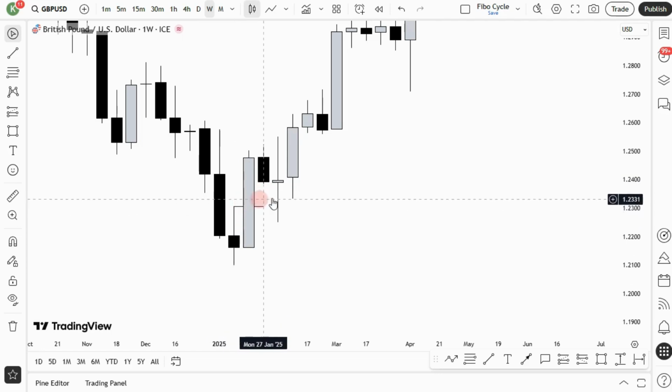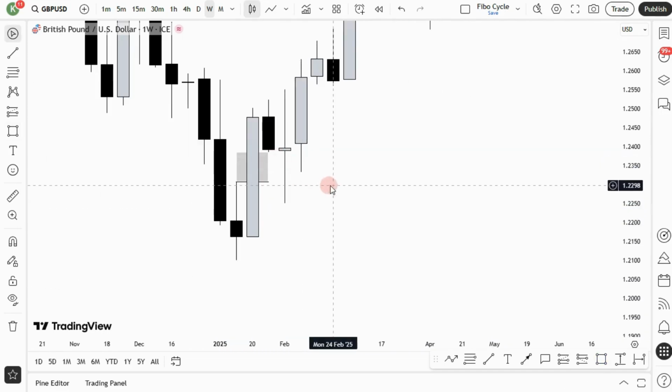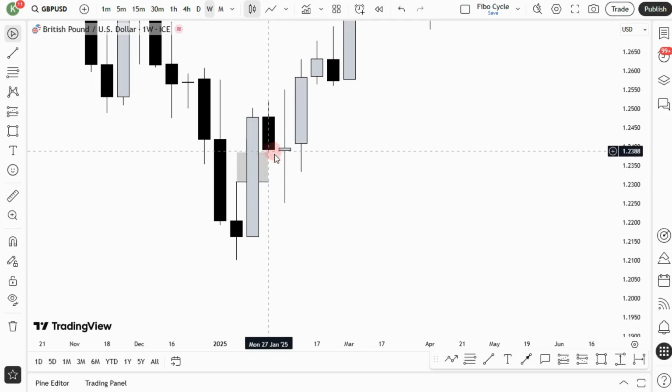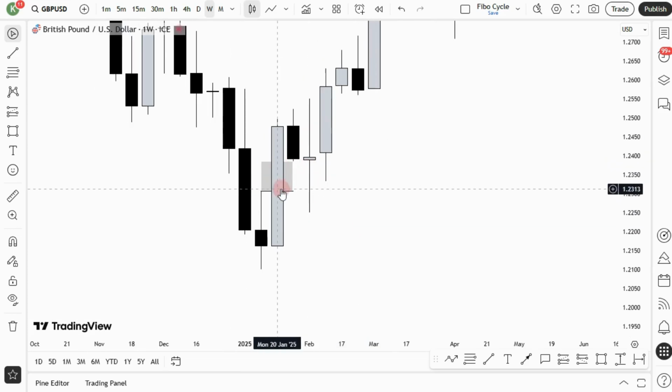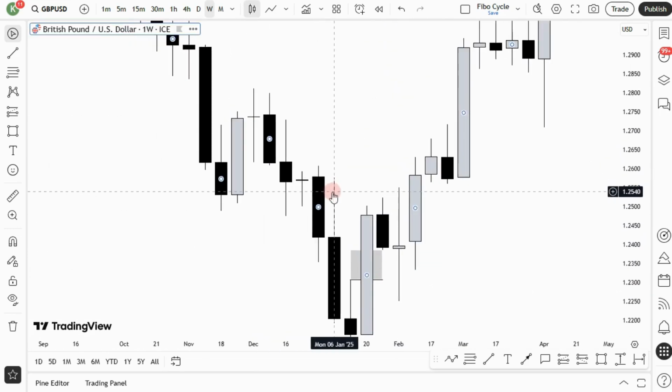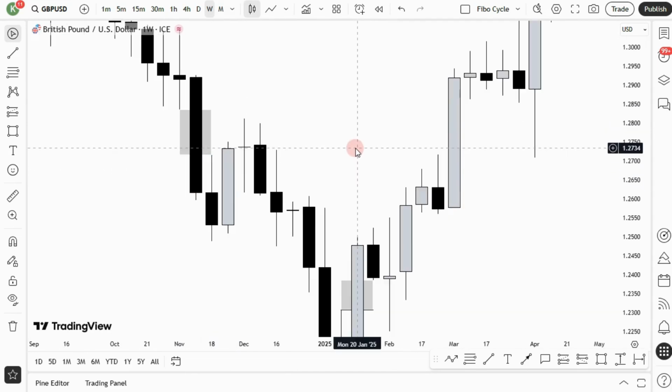That's why it's called a fair value gap. We should be able to see a gap in the middle, and the most important requirement is that the third candle's low should not overlap, should not fill in the first candle's high, if it's a bullish situation. If in a bearish situation, the third candle's high should not overlap with the first candle's low. That is the requirement needed for price to form a fair value gap.